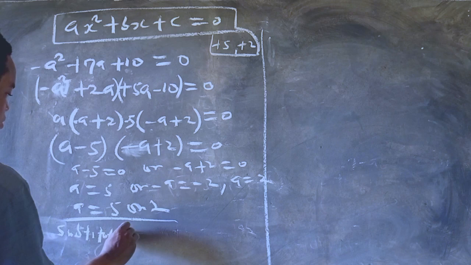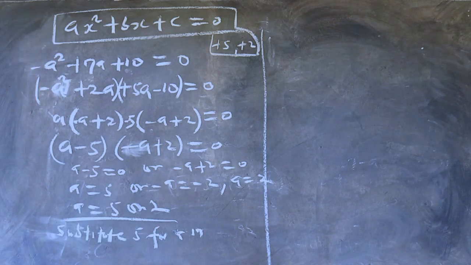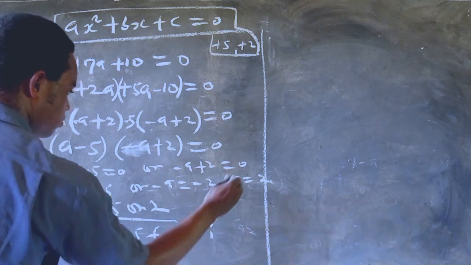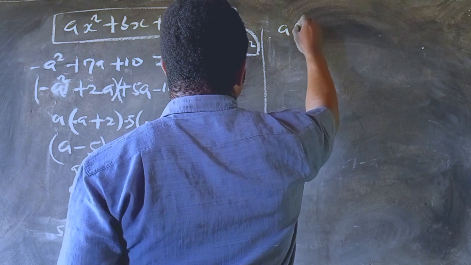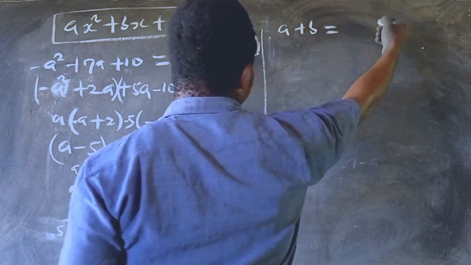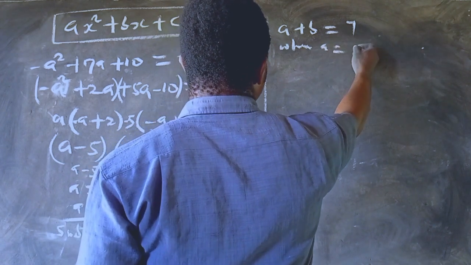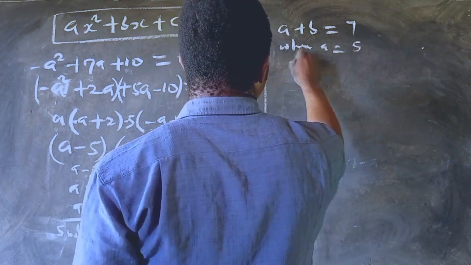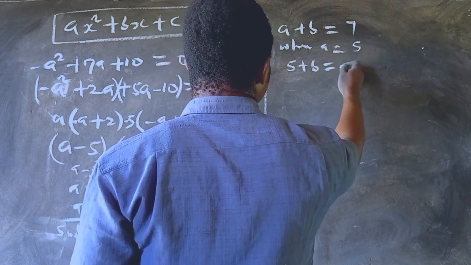Let us substitute each of these values for a in equation 1, which is a plus b equals 7. So let us firstly put a equals 5 in a plus b equals 7. So when a equals 5, we have 5 plus b equals 7, right?